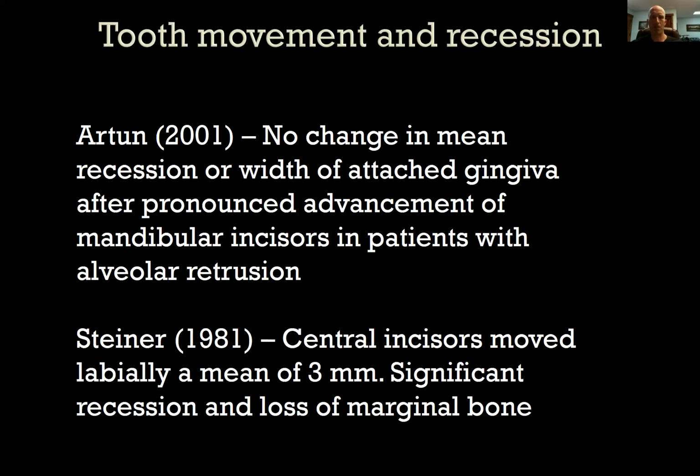Study in 2001 looking at the change in the width of attached gingiva as they advanced mandibular incisors. And they found that there was no change. In 1981, Steiner found that there was significant recession with a labial movement of about 3 millimeters.